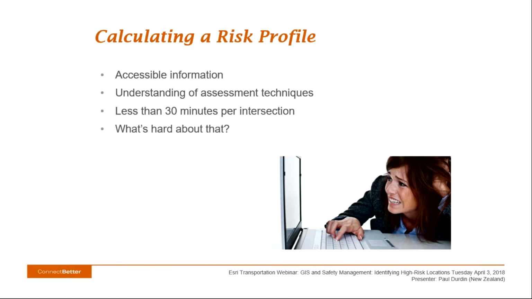Well, in isolation, this isn't a time-consuming exercise. However, calculating the risk profile of every intersection within a town, a city, a region, or even a country quickly becomes impracticable. In Auckland, for instance, where there are more than 16,000 intersections, if we were to use my estimated time frame of 30 minutes per intersection, this would take an individual more than 4 working years of their life to complete.